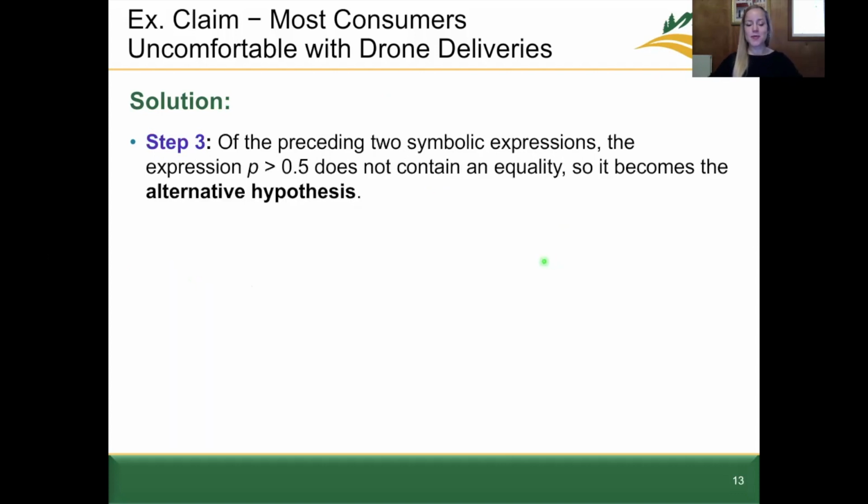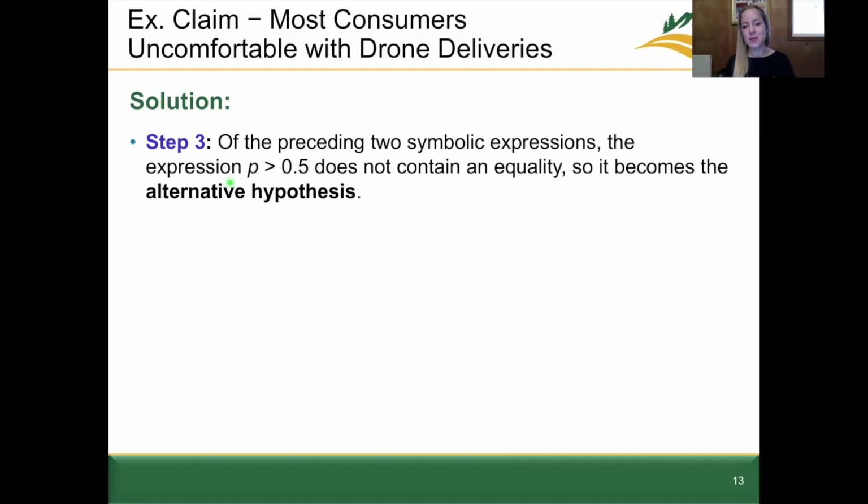So using what we just saw, p is greater than 0.5, that expression does not contain inequality. Therefore, this expression is our alternative hypothesis. Okay, so again, for an alternative hypothesis, we go back to steps 1 and 2, and we figure out the one that does not contain inequality. Then that one is our alternative hypothesis.